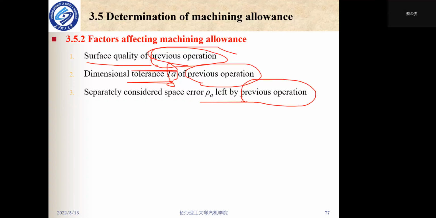These kinds of errors should be removed in the current operation, and the value of rho A is related to the previous machining method.